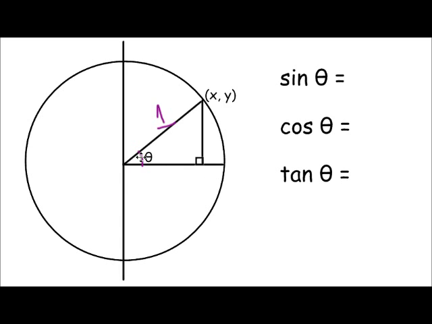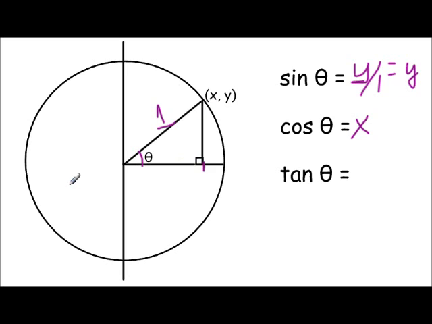If sine of an angle is the ratio of the opposite side to the hypotenuse, then sine of that angle is just going to be y over 1, which is just y. Cosine, since it's the adjacent side, the side going only over to where this line drops down, that's x. So cosine of theta will be x.